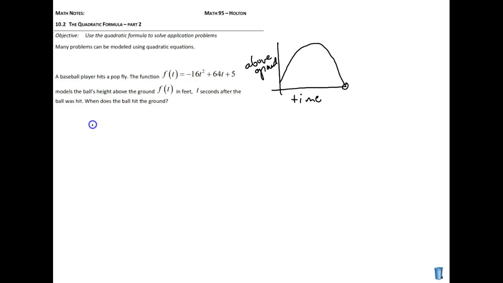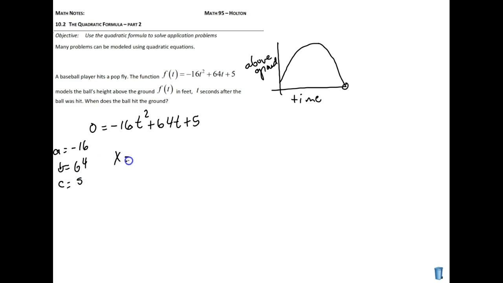So this would be some time, but when the height is equal to 0. So what we have is 0 equals negative 16 t squared plus 64t plus 5, and we can use our quadratic formula to solve this. So a in this case is negative 16, b is 64, and c is 5.